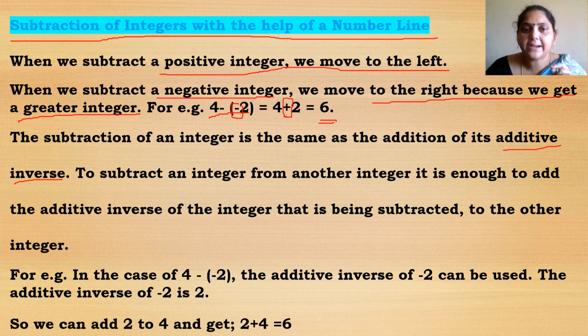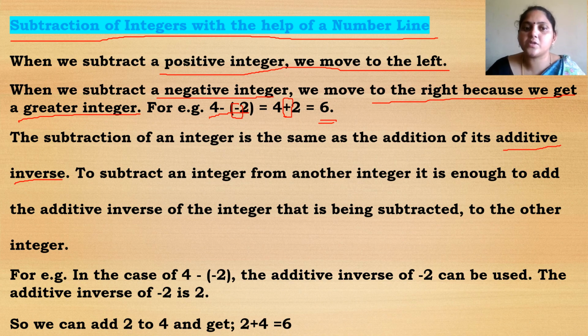Now, to subtract an integer from another integer, it is enough to add the additive inverse of the integer that is being subtracted to the other integer. For example, in the case of 4 minus of minus 2, the additive inverse of minus 2 can be used.